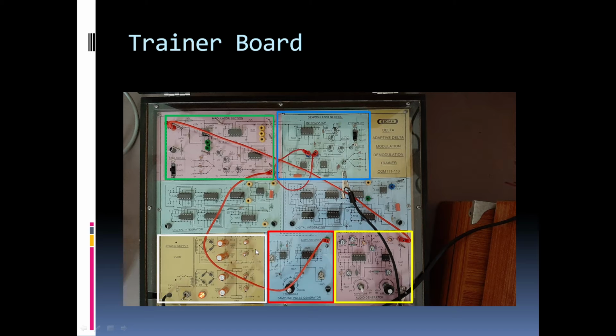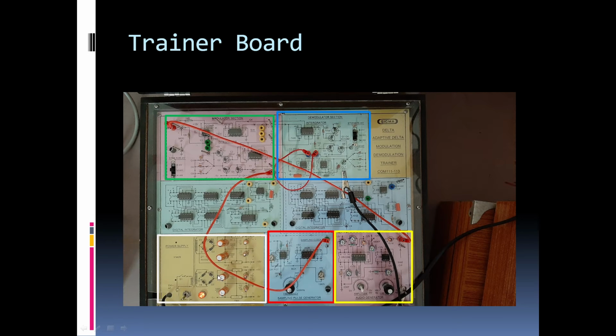The audio generator is designed to produce a frequency from 300 Hz to 3.4 kHz approximately, and its amplitude can be varied from 0 volt to 5 volt peak to peak. So far as the sampling pulse generator is concerned, it generates a pulse train in the frequency range of 50 kilohertz to almost 500 kilohertz. Its amplitude is fixed to 5 volt peak to peak.